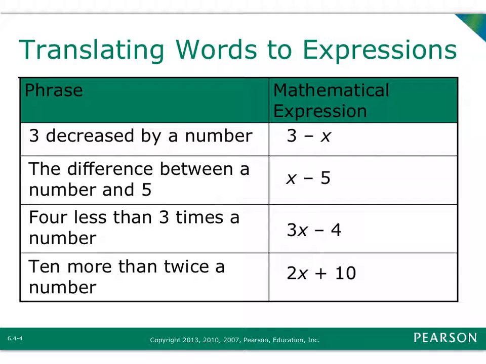Some additional expressions that are often used: 3 decreased by a number, 3 minus x. The difference between a number and 5, x minus 5. 4 less than 3 times a number, 3x minus 4. 10 more than twice a number, 2x plus 10.